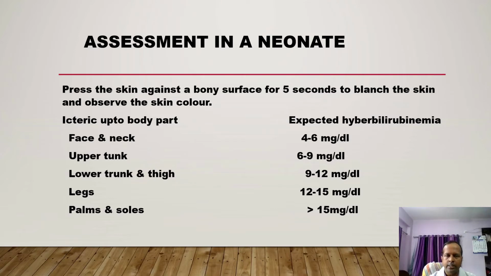If it extends up to the upper trunk, then the expected bilirubin level would be 6 to 9 milligram per dl. If it extends up to the lower trunk and thigh, then the expected bilirubin level will be 9 to 12 milligram per dl. If it extends up to legs, then it is about 12 to 15 milligram per dl.